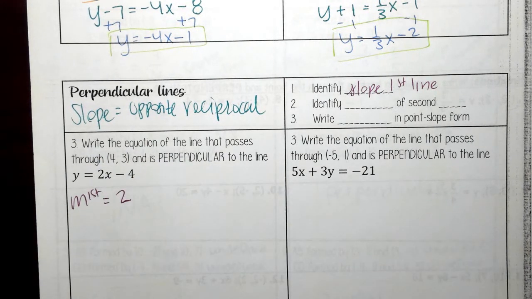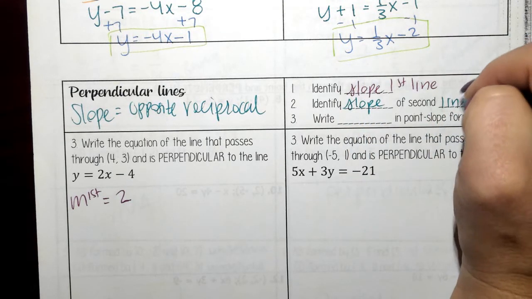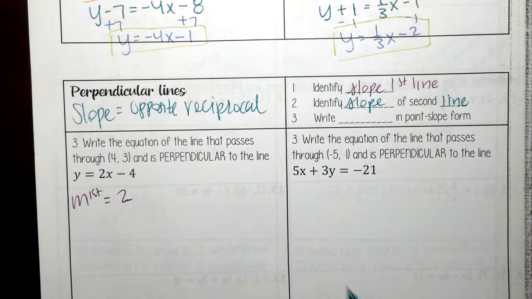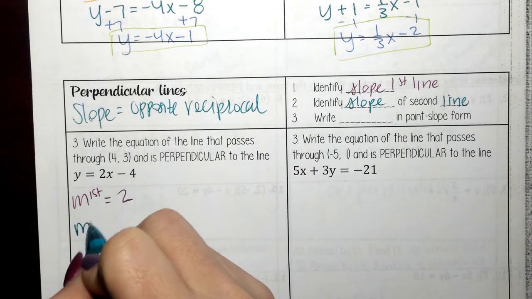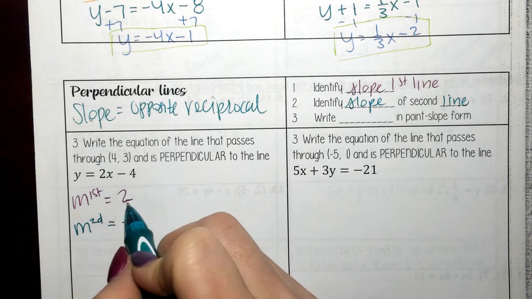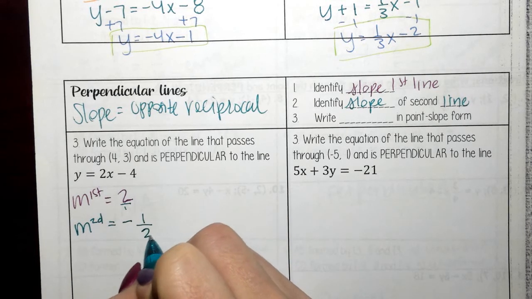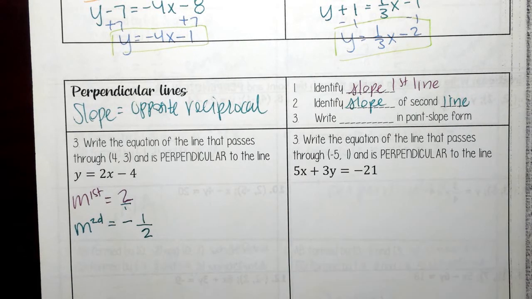Then identify the slope of the second line, the opposite reciprocal. This one is +2, so we're going to change it. Remember, underneath every whole number is that imaginary 1, so when we flip that fraction, it's -1 over 2.